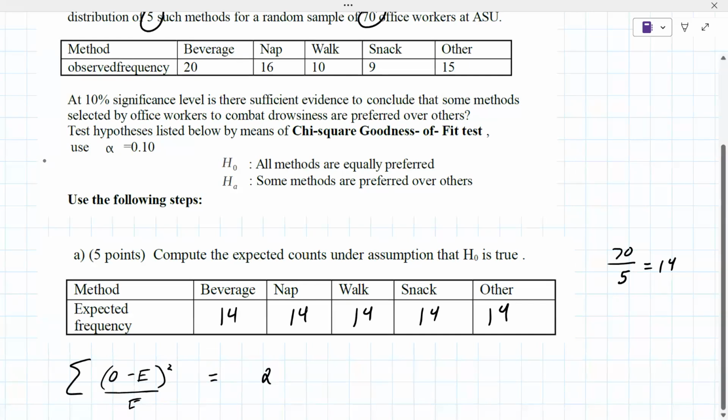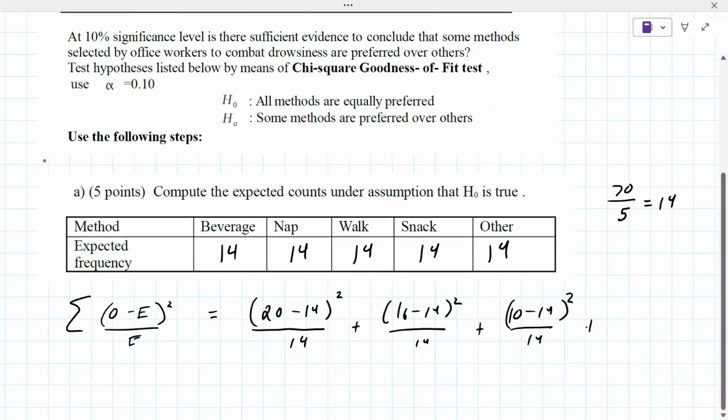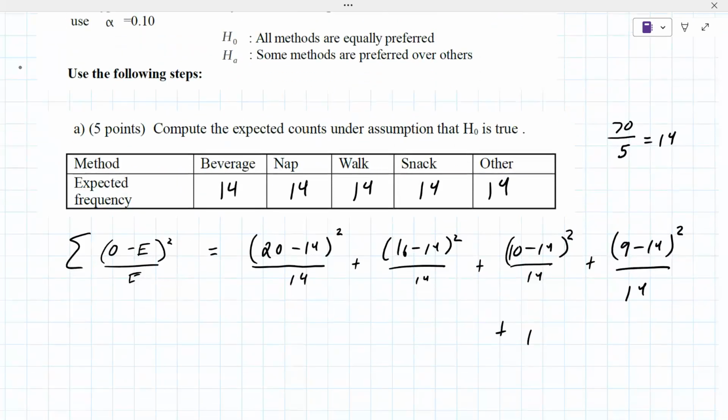It's 20 minus 14 squared over 14 plus 16 minus 14 squared over 14 plus 10 minus 14 squared over 14 plus 9 minus 14 squared over 14 plus 15 minus 14 squared over 14.